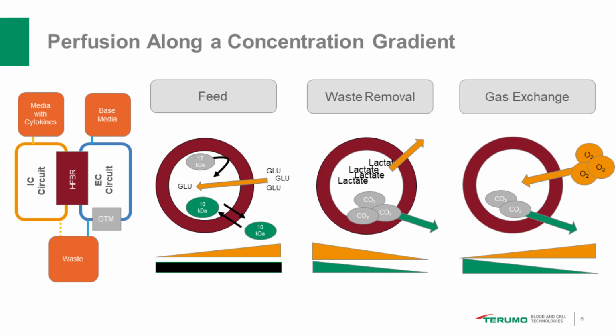You can see in the diagram on the left-hand side, there is a straight blue line to the waste bag because we tell the computer to open the valve to the waste bag, and that passes out of the EC circuit, whereas that dotted line on the IC side indicates that that waste valve is not open, because your cells are there, and obviously for suspension cells, we don't want them going to the waste bag. So you have options there of how you drive media into the system and how you pass media out of the system.